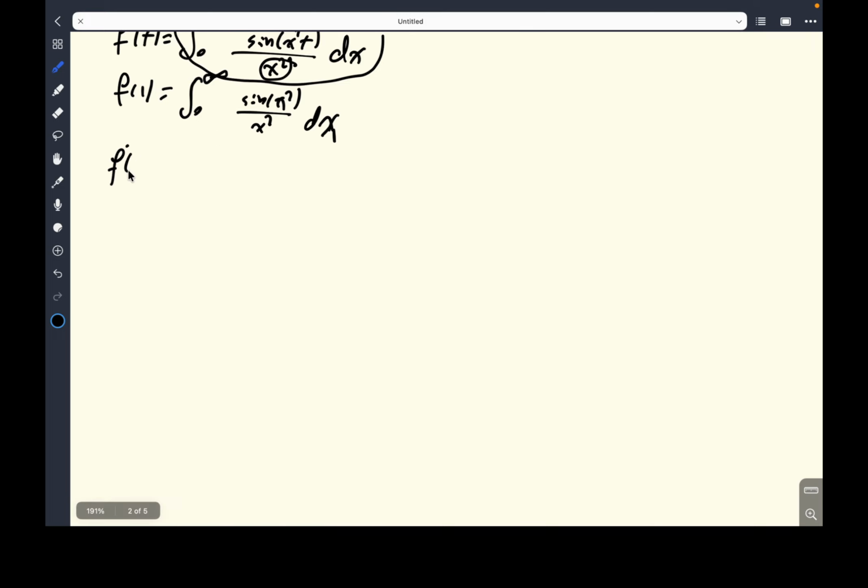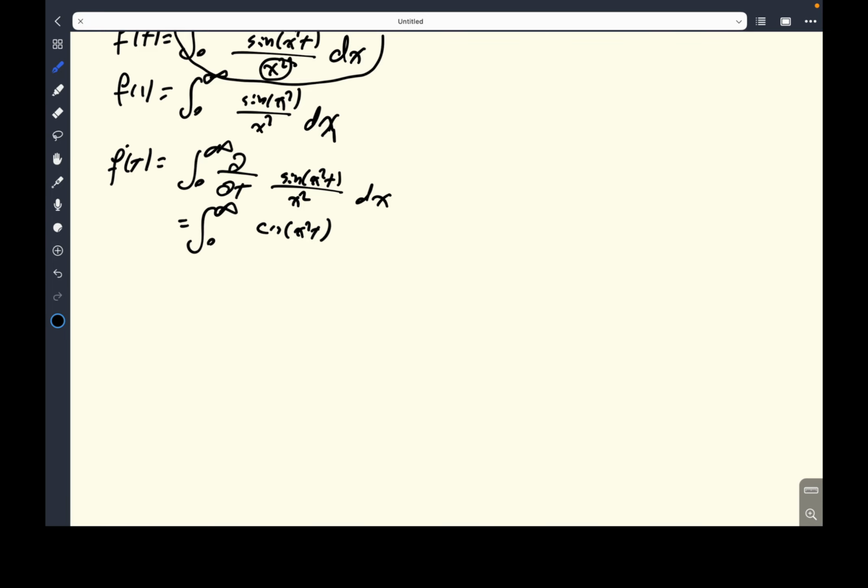So if I take the derivative of both sides, the partial with respect to t of sine of x squared t over x squared dx is going to be the integral from 0 to infinity of cosine of x squared t over x squared times x squared dx.